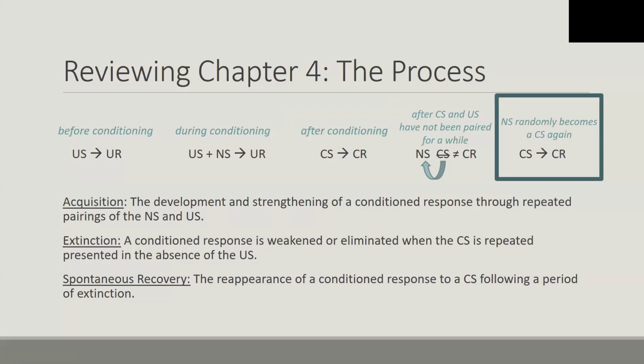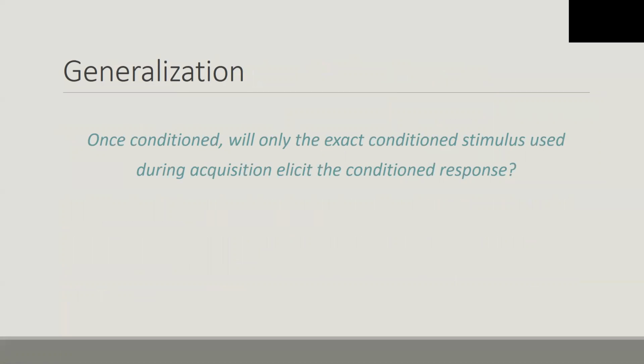It might not reappear forever. It might just come back for one or two times, but we do see that sometimes it magically reappears after extinction through this process of spontaneous recovery. So once conditioned, and let's say we have this conditioned response that's persisting, it's not going away or being extinguished, will only that exact conditioned stimulus that was used during acquisition and conditioning elicit that conditioned response?